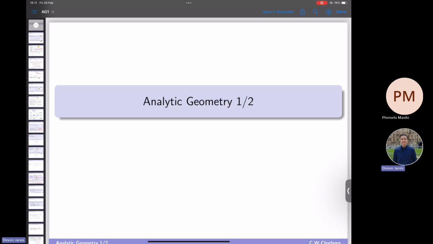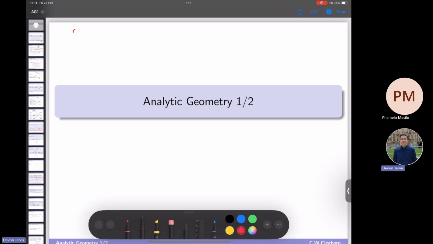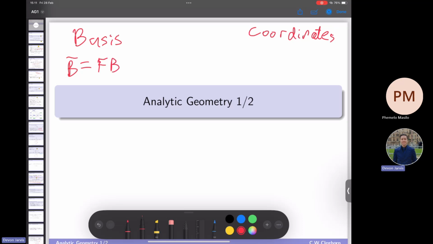So let's just draw something. You've got to always separate out what's going on in my basis and what's going on in my coordinates. In this case, my new basis, little v, is the forward transform of my old basis.